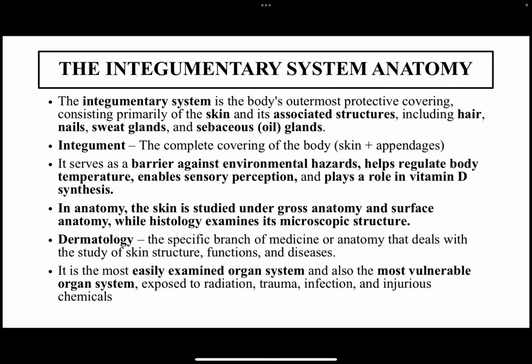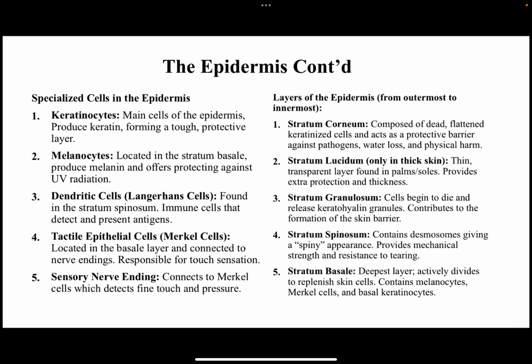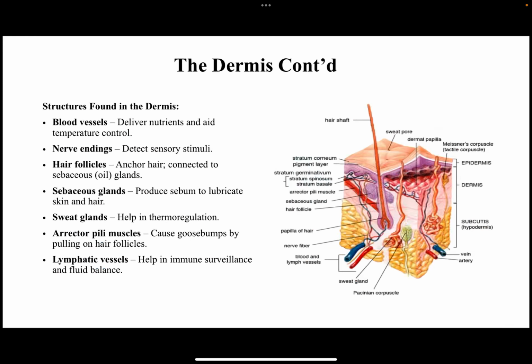Now, look at this layer of the skin. Within the dermis, we have a muscle there. We call it the erector pili muscle. You can see it's connected to the base of the hair follicle. There are tiny muscles at the base of the hair follicles.